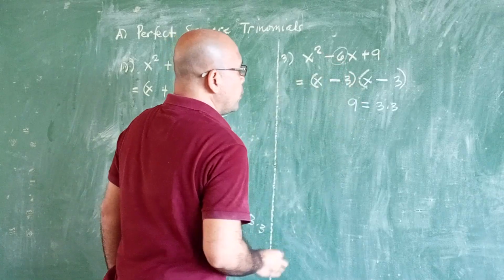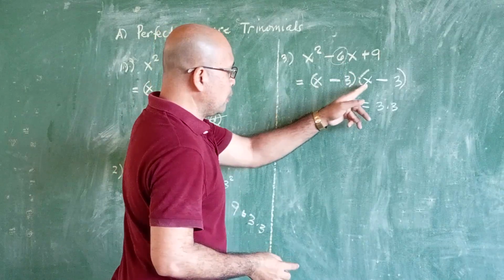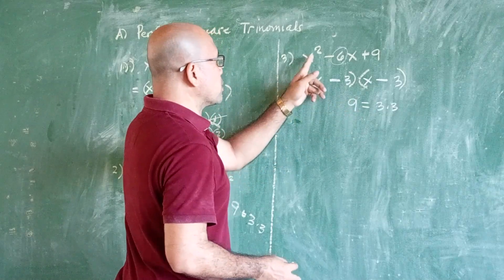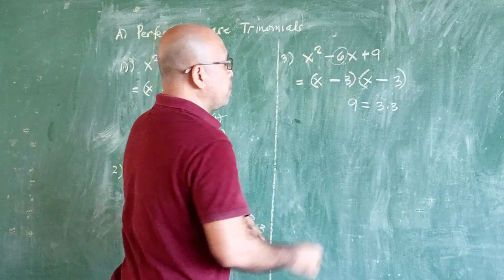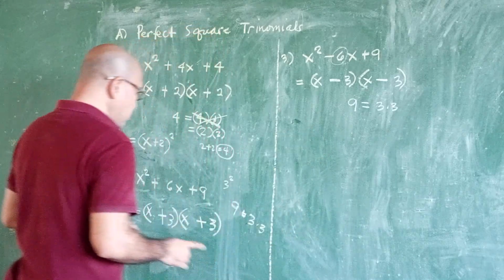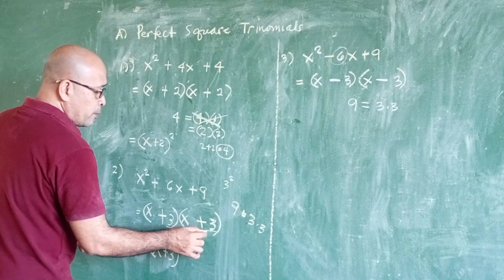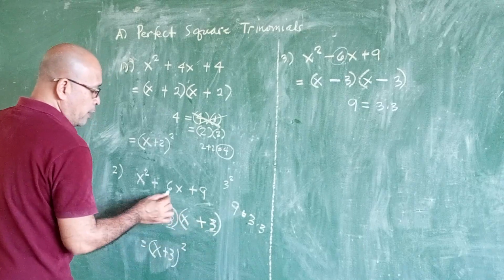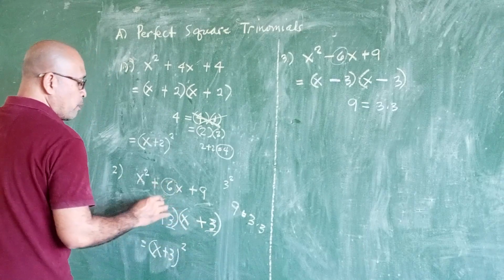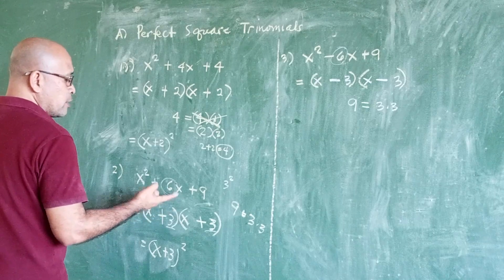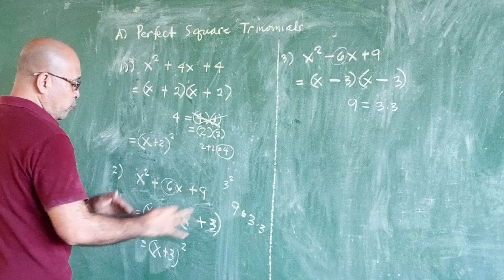That's the last way of checking that your factors here are the required factors of x squared minus 6x plus 9. The same here, when you add 3 and 3, the result is 6, and that is exactly the coefficient of the middle term, as the second term of this trinomial.